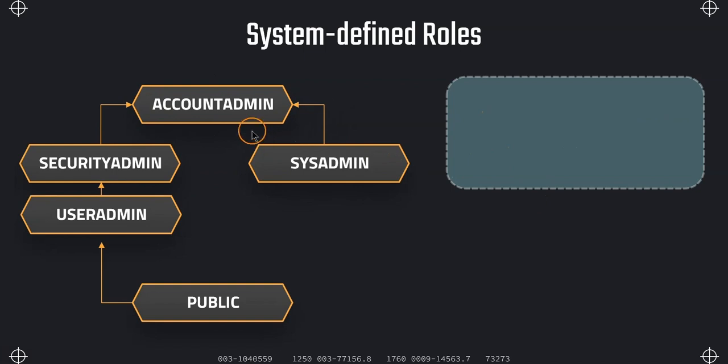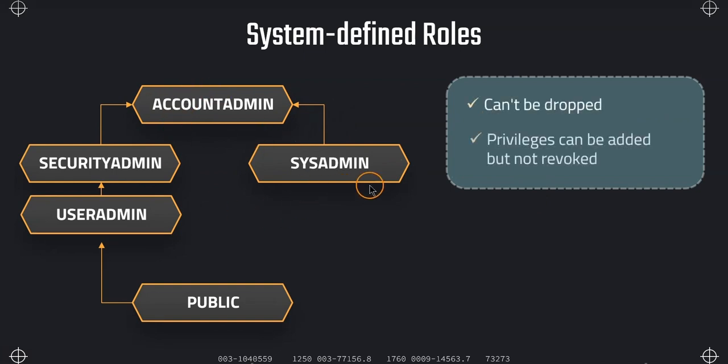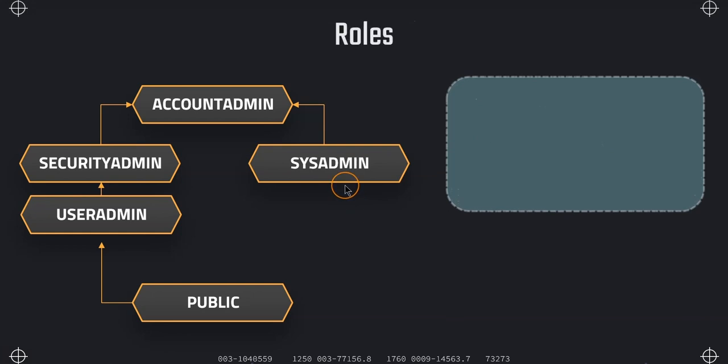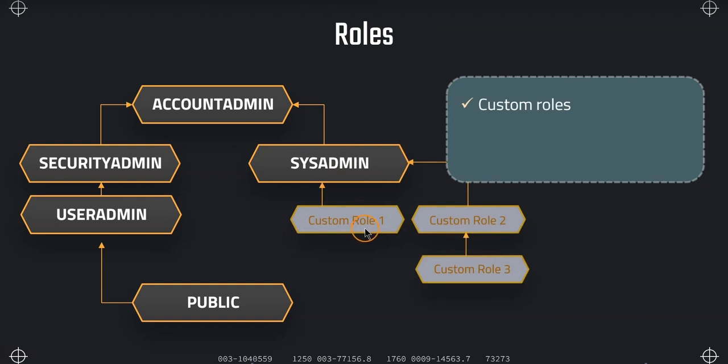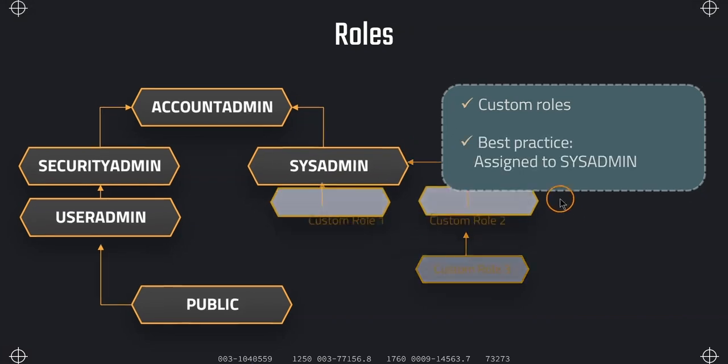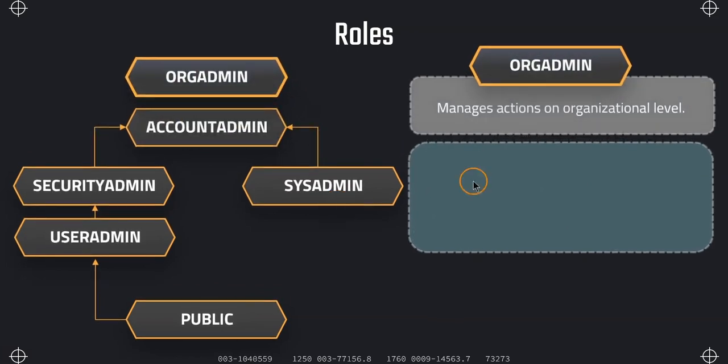And then, as we have said, we have those system-defined roles. They can't be dropped, and we can add privileges to them, but we cannot revoke privileges. Again, we talk in more detail about this later on. For now, we just briefly want to mention that custom roles should be assigned to the sysadmin, and outside of this hierarchy we also have the org admin.